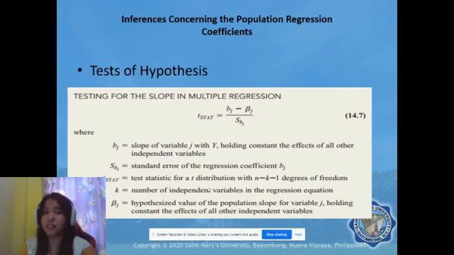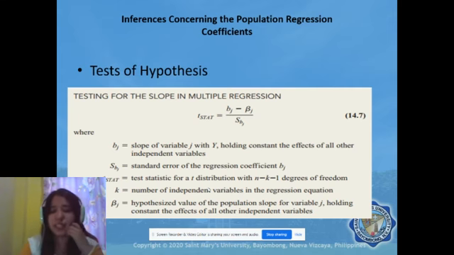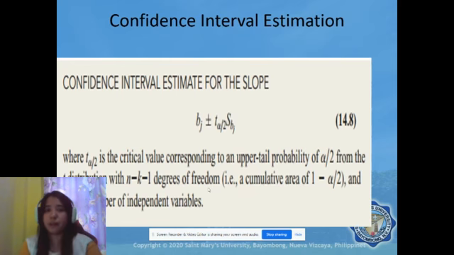S sub b sub j is the standard error of the regression coefficient b sub j. That is of course our test statistic. k is the number of independent variables. And beta sub j is the hypothesized value of the population slope for variable j, holding again constant the effect of all other independent variables.